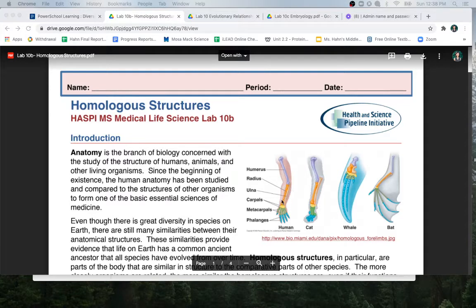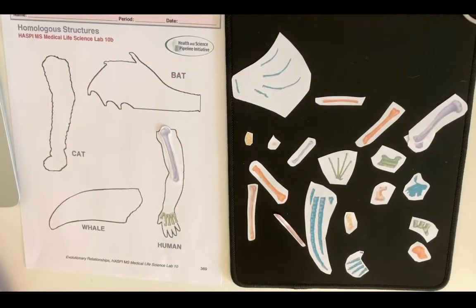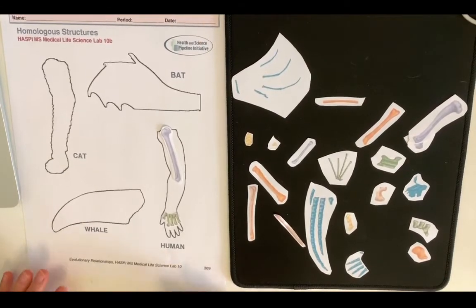Then the radius and ulna bones are going to be another color, and then the carpals, the wrist bones for us, are yellow, green, and blue. I'm going to be glancing back at this as I try to make my limbs.